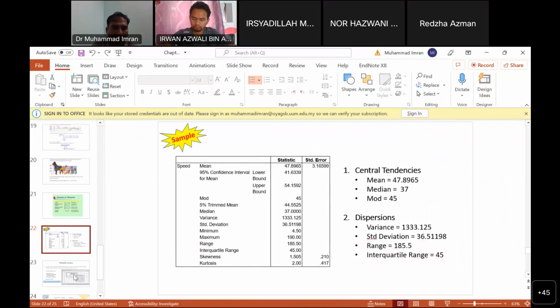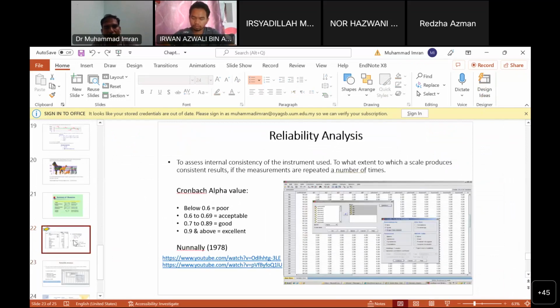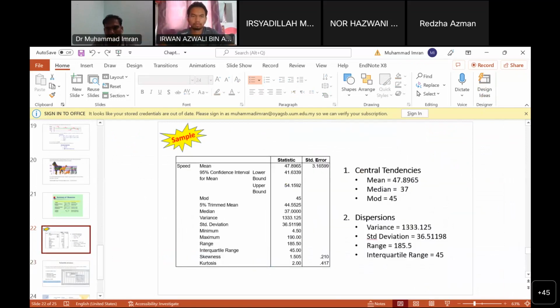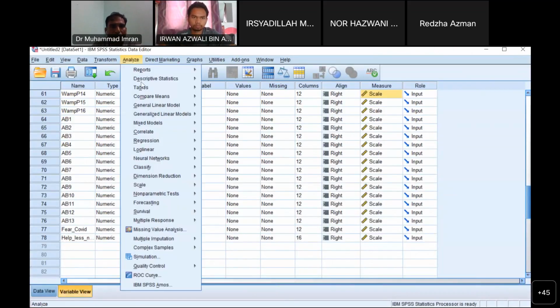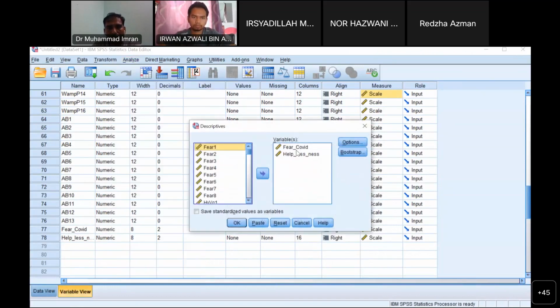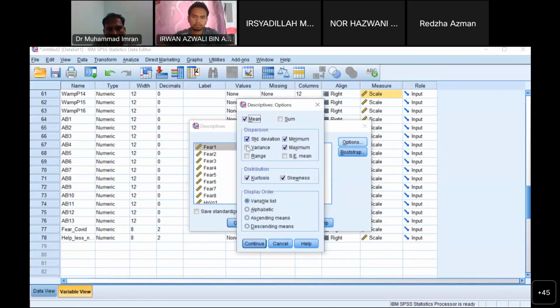Now, how can we calculate? Very simple. Next one is reliability. Now we have to calculate first. Very simple. Also descriptive. Option check: standard deviation, variance, range, also mean.